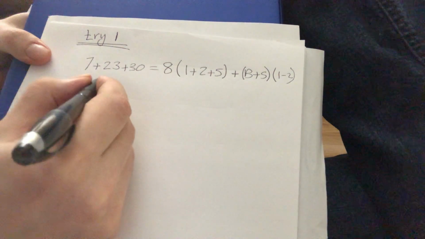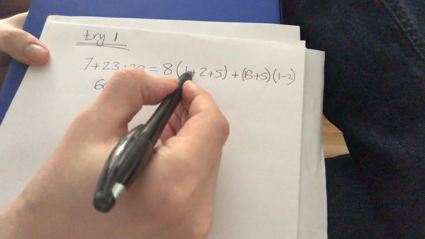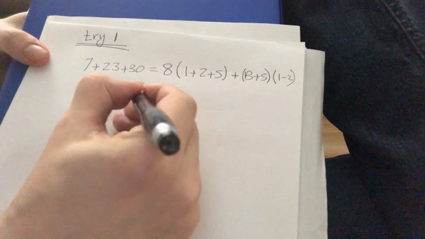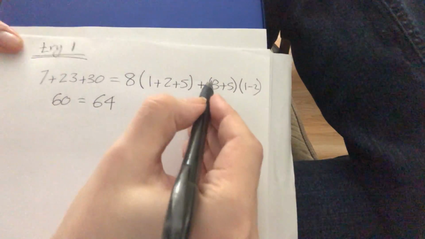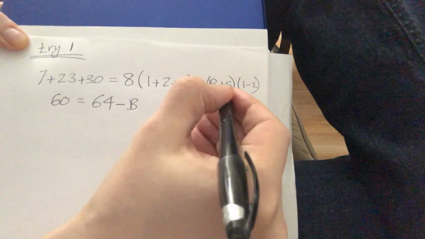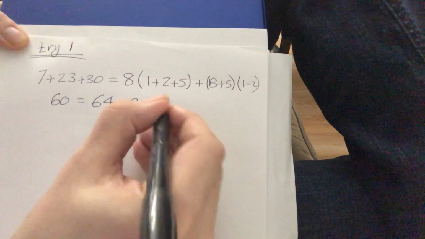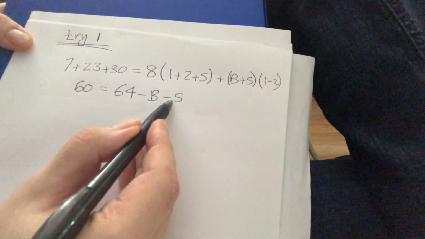The number here is 60. This is 8 times 8, 64. This is minus 1 times b, minus b, and minus 1 times 5, minus 5. 64 minus 5 is 61.